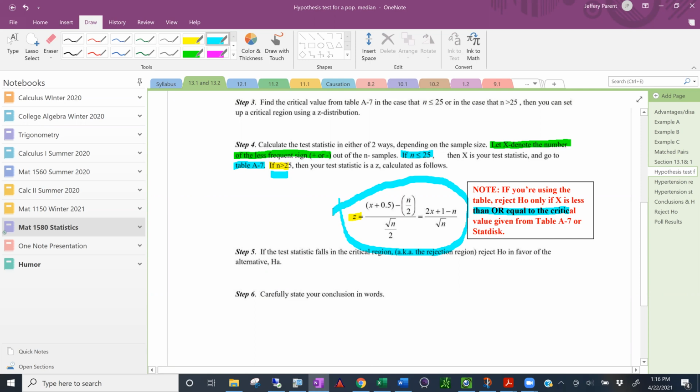That z-test is a nice parametric test. You've turned this into a z statistic, so we can calculate probabilities. We can even get a p-value. But unfortunately, StatDisk doesn't give you a p-value here. So I have to teach you how to do things old school. And doing things old school, it's going to look like this.